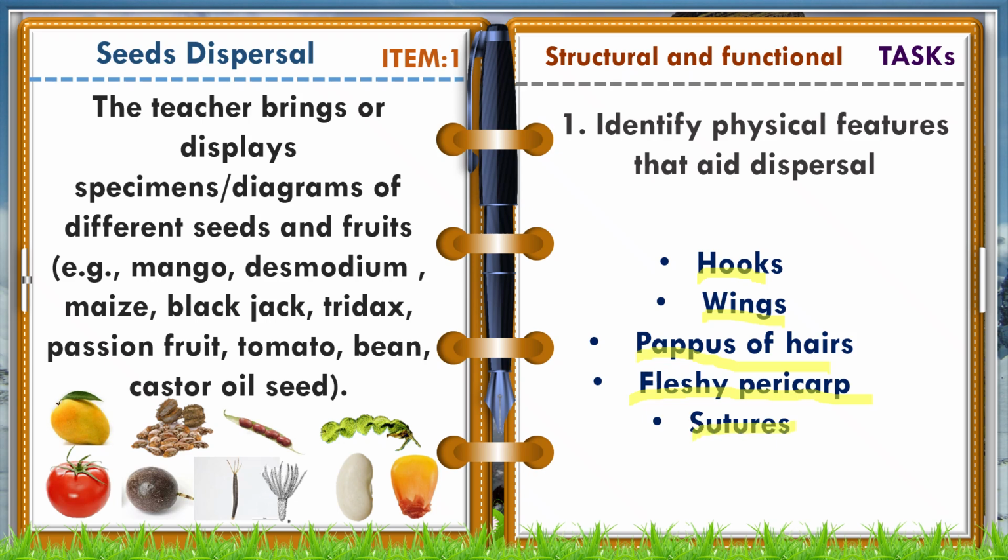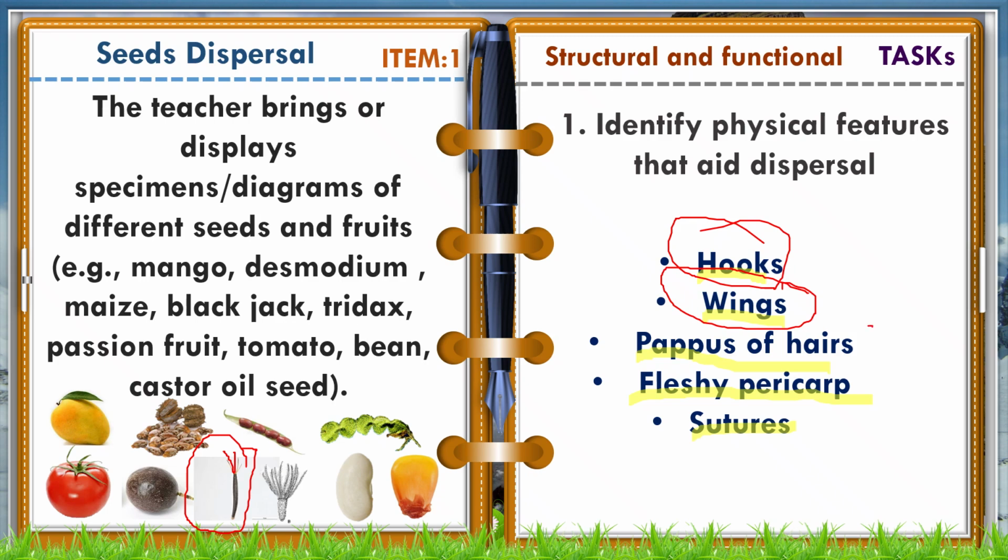Now, if you look at hooks, you will find that our blackjack has got hooks. Then wings, like some seeds that have got wings, the dallions.